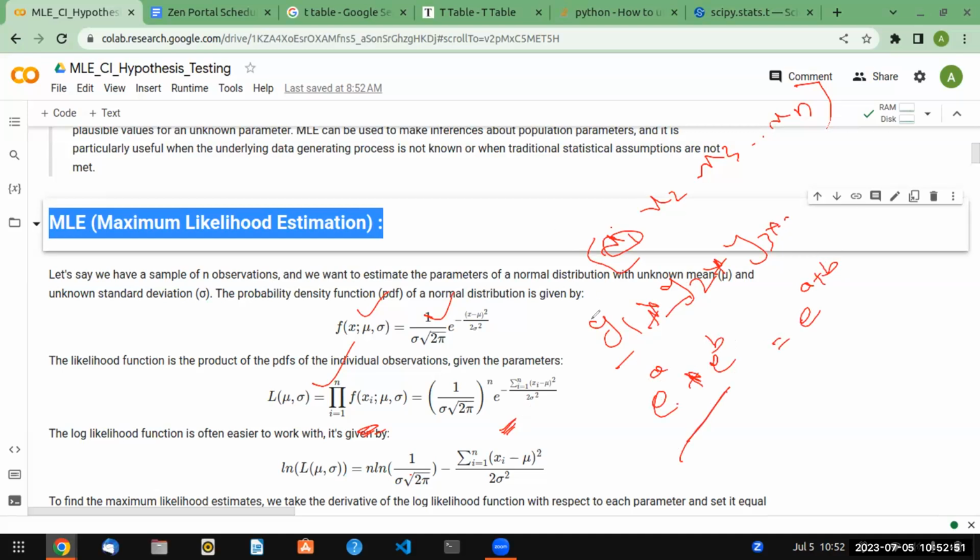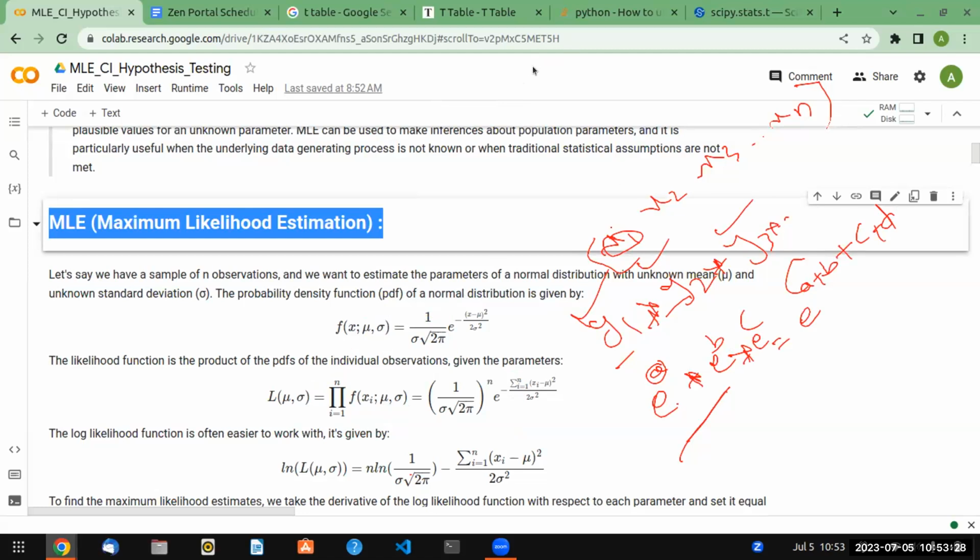So if I multiply these terms, where each term contains an exponential, the powers of e will be added. That's why here it is a summation. If we consider e to the power c for y3, it will be e to the power a plus b plus c. Like this it will continue. So that's why there is a summation here. I'm not explaining in much detail because I know you will find it difficult to understand, but this is what is happening here.